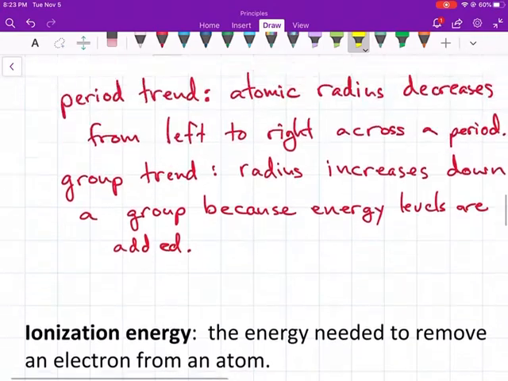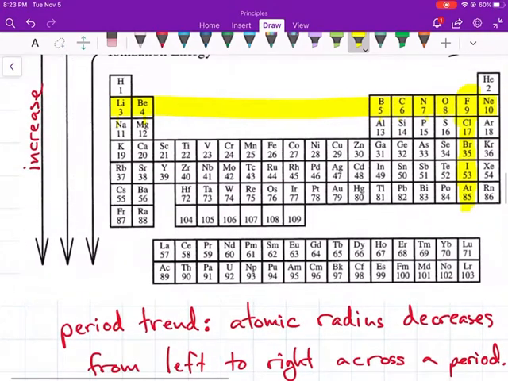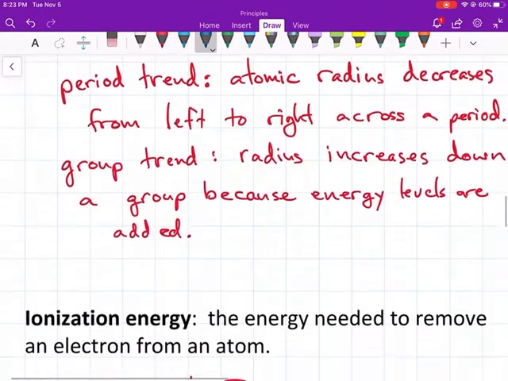Or the other way you could say it is, as you move from left to right, it's becoming harder and harder to remove an electron because the atom is getting smaller. For example, as we go from boron to carbon to nitrogen and so forth, the atoms are becoming smaller, and the number of protons in the nucleus is increasing, and those protons hold the electrons in.